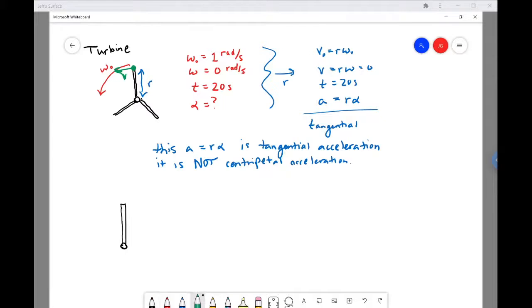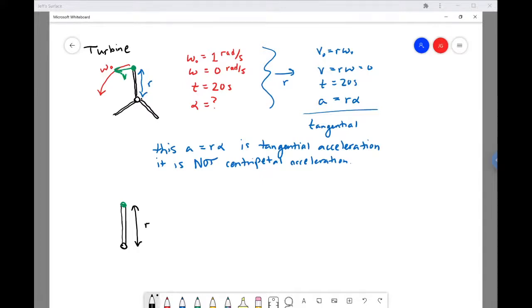And then there's this point on the end of the blade, and the things that we know are we know the radius of the blade, or the turbine, R.